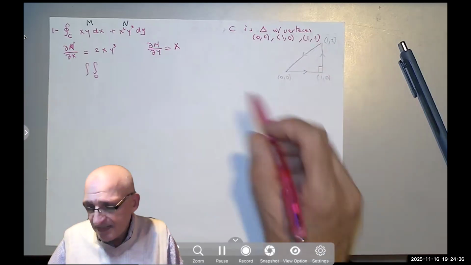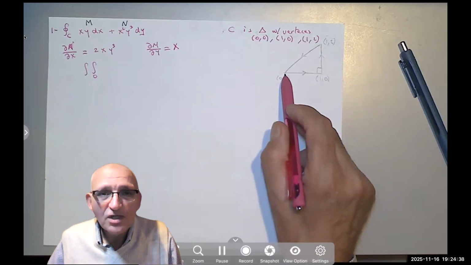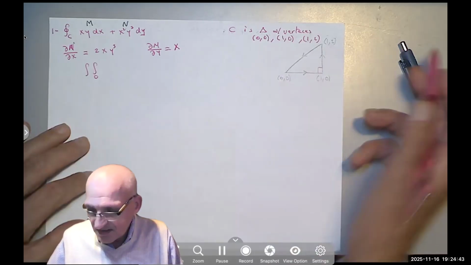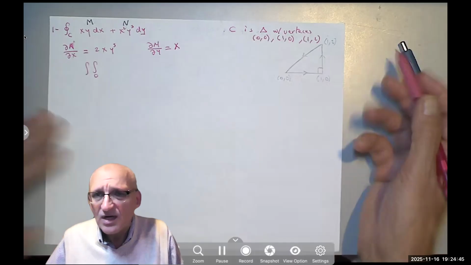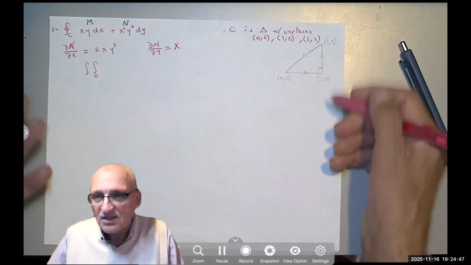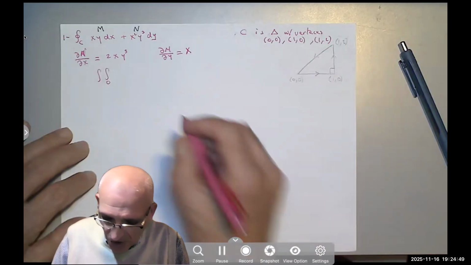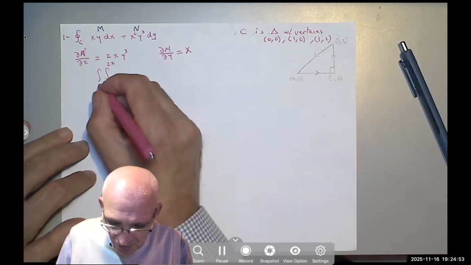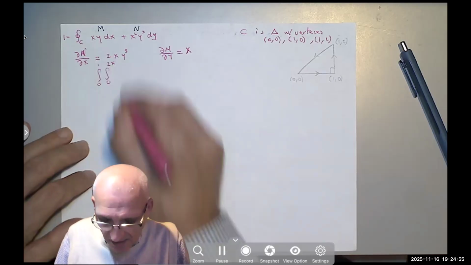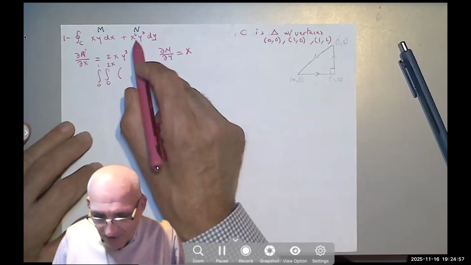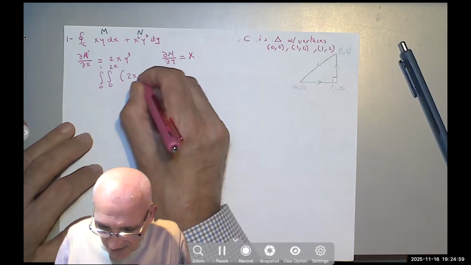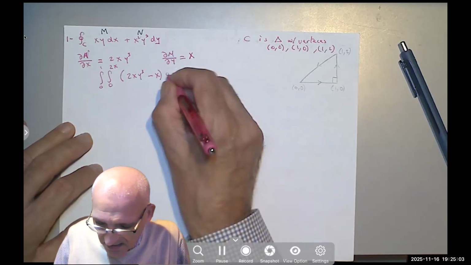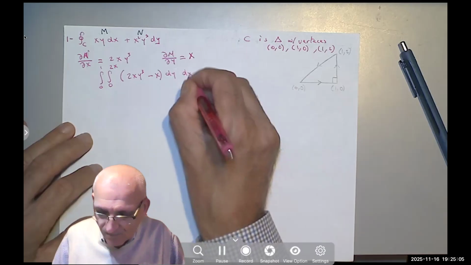That's a straight line passing through the origin, so there is no y-intercept. And its slope is 2 over 1, since it starts from the origin, so it's y over x. Delta y is 2 and delta x is 1 anyway. So y goes to 2x. And the x goes from 0 to 1. Now, partial N partial x minus partial M partial y is 2xy cubed minus x, dy dx.